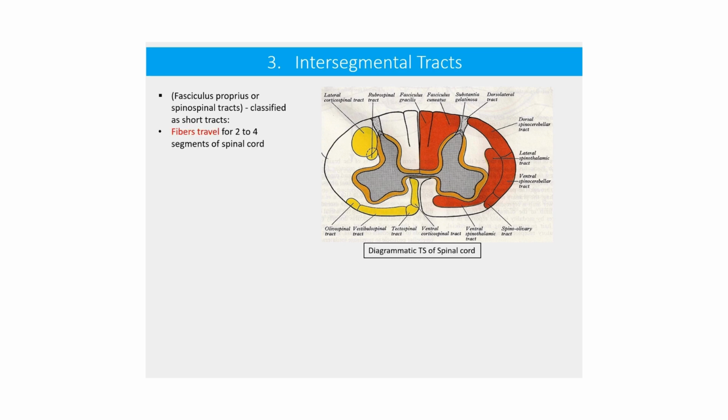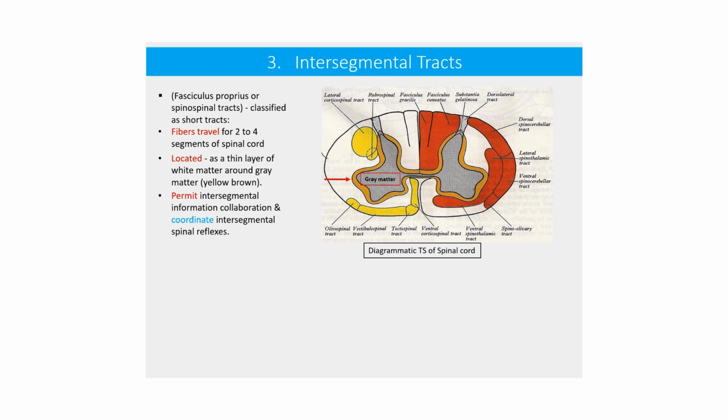The fibers of intersegmental tracts travel for 2 to 4 segments of the spinal cord only, and they are located as a thin layer of white matter around the gray matter, as shown in the diagram as the yellow-brown layer on the gray matter. They permit intersegmental information collaboration, and they also coordinate intersegmental spinal reflexes.